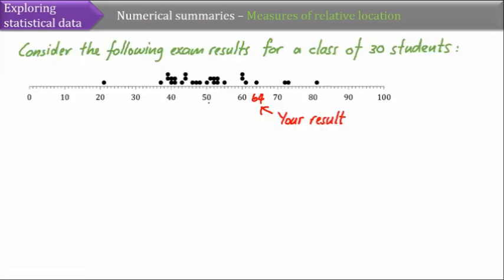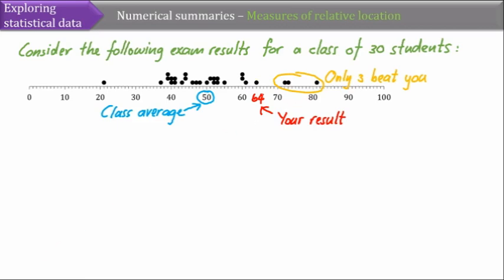Right, let's start and look at an example. Now consider the following exam results for a class of 30 students. This is the dot plot that was discussed in another session, and these exam results range from low 20s up to the low 80s. Now your result for this exam is 64%, and this is where you are sitting. The class average is 50%, and if we look at the rest of the results, there are only 3 results better than yours.